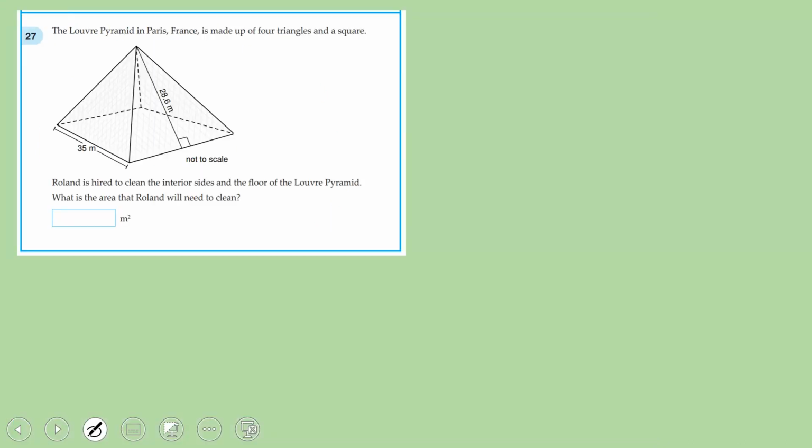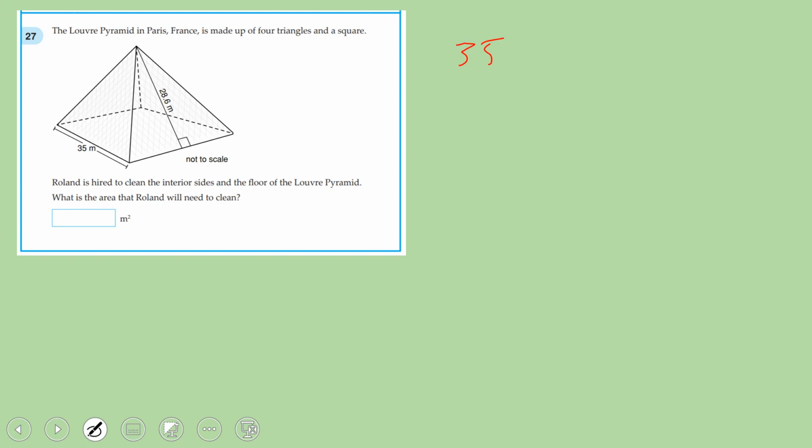Last one for the calculator section. The Louvre pyramid in Paris, France is made up of 4 triangles and a square. Roll and tide to clean the interior sides and the floor. What is the area that you'll have to clean? First we'll go floor. And I've closed my calculator before, so we're going to have to work this out without a calculator.